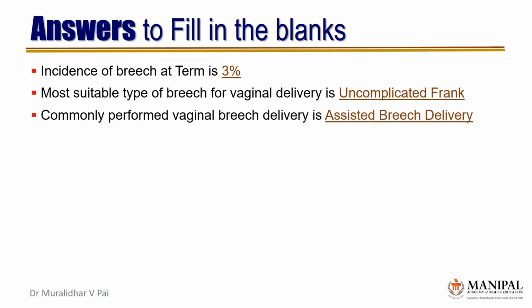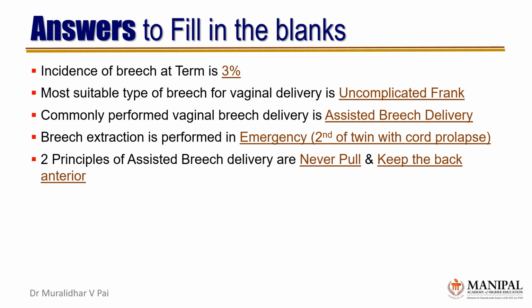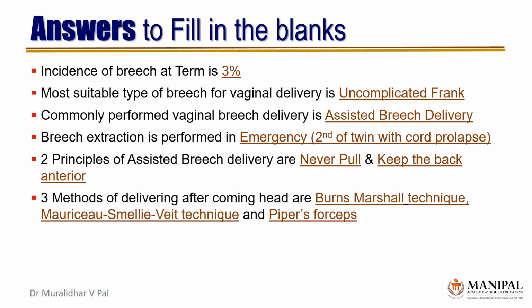Commonly performed vaginal breech delivery is assisted breech delivery. Breech extraction is performed in emergencies only, for example, second of the twin with cord prolapse. Two important principles of assisted breech delivery are never pull and keep the back anterior always.